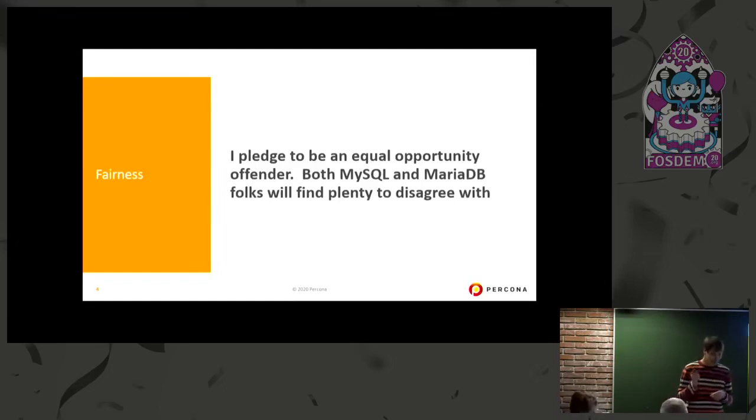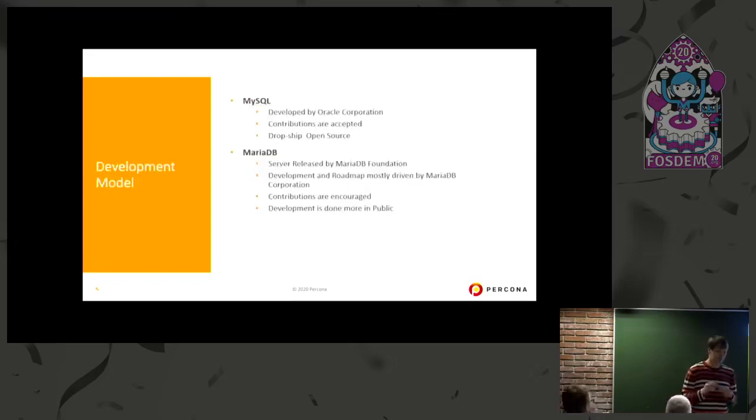Okay, so let's start from the development model. We all know MySQL is developed by Oracle Corporation. And contrary to some rumors, Oracle actually does accept contributions.